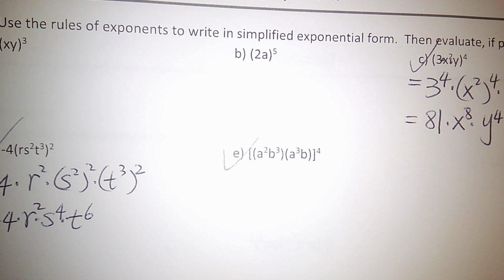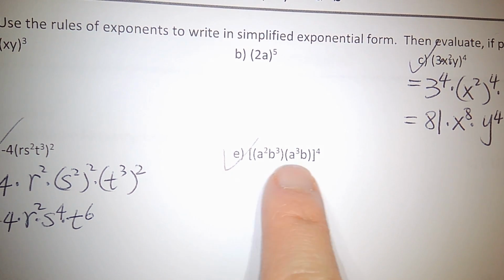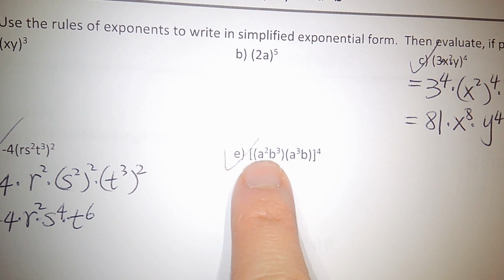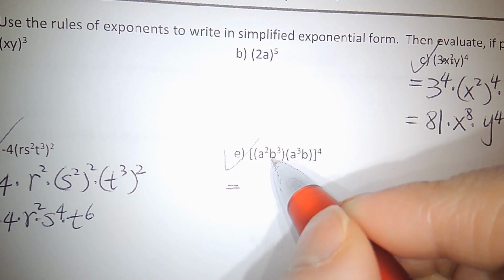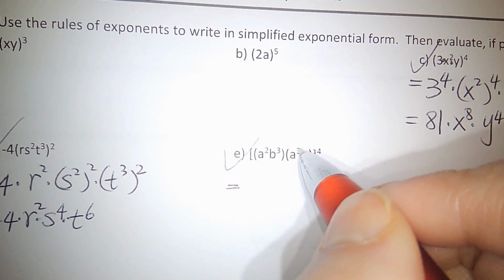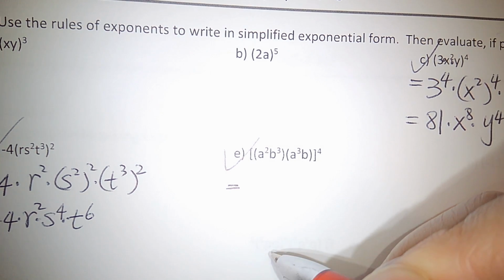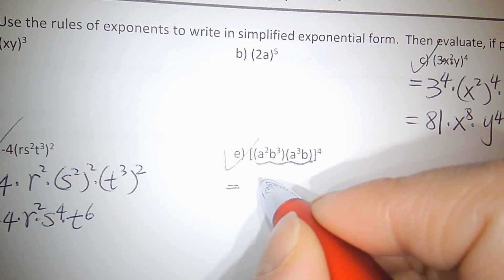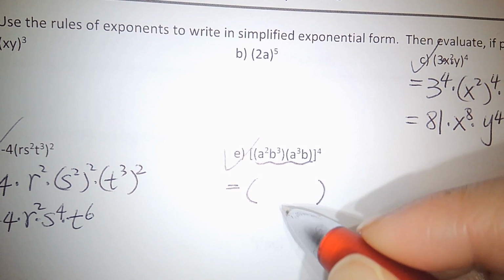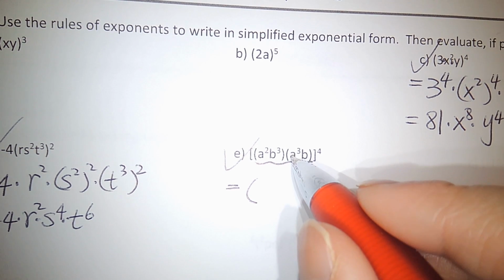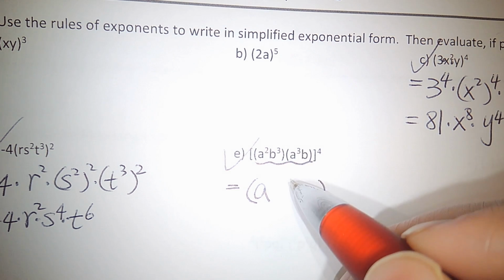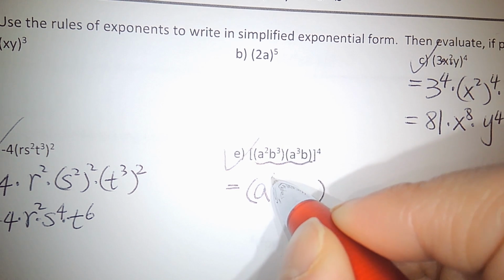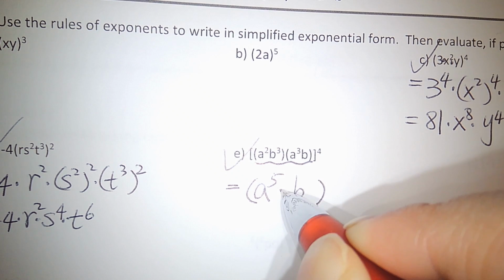Alright, number E. We have a bracket. Let's simplify the bracket first. a squared times b cubed times a cubed times b. What should we have inside of the parentheses? We should have a to the what? 2 plus 3, what is it? 5 times b to the what?